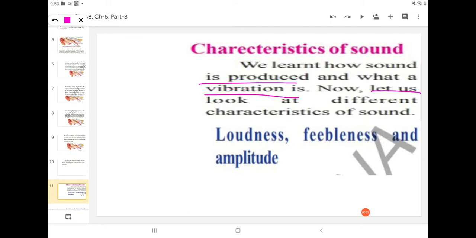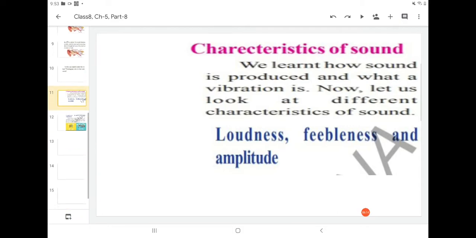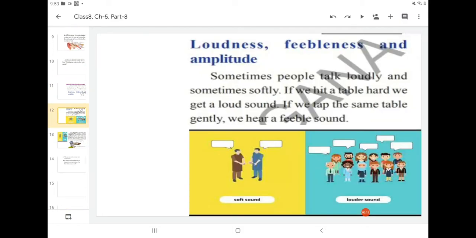Now, let us look at different characteristics of sound. Those are loudness, feebleness, and amplitude.